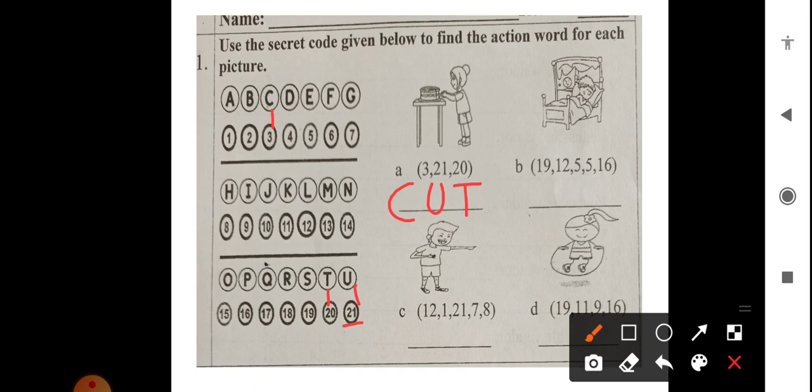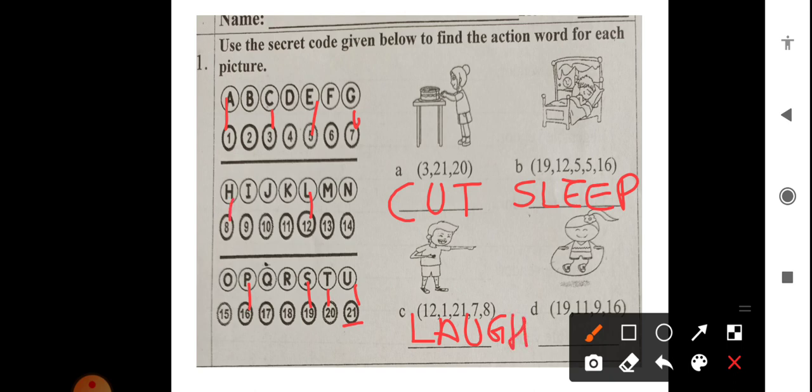Then 19 is S, 12 is L, 5 is E, again E, and 16 is P. So this is sleep. Now 12 is L, 1 is A, 21 is U, 7 is G, and 8 is H. So laugh.